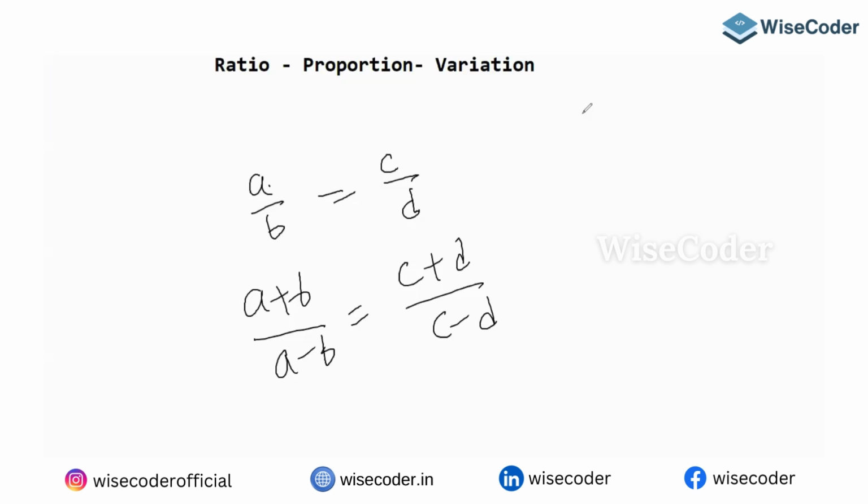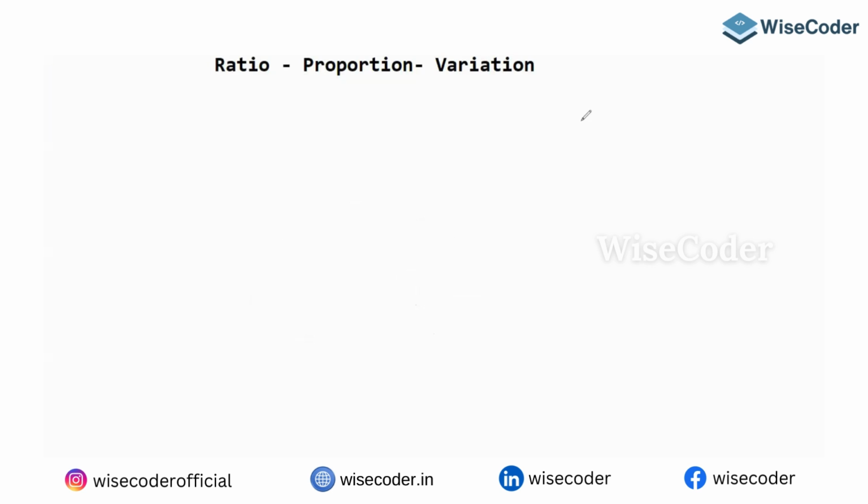Next, after componendo dividendo, let's say there are three quantities a, b and c. Please write down: if three quantities a, b, c are such that a is to b as b is to c, then we say that they are in continued proportion.